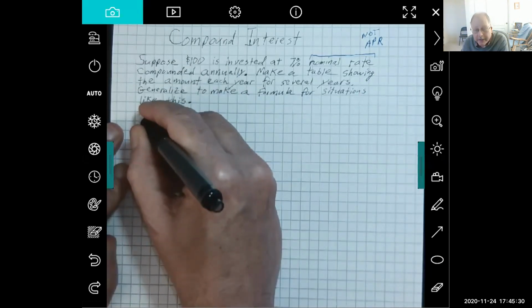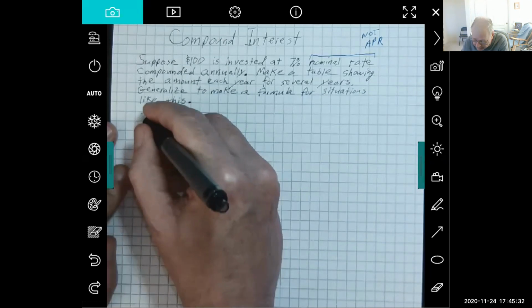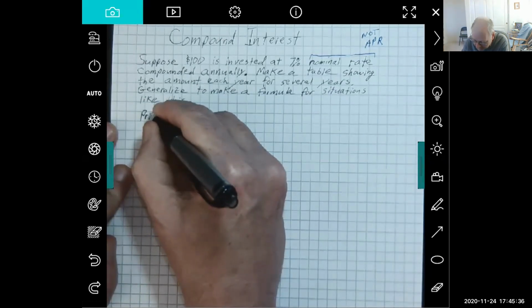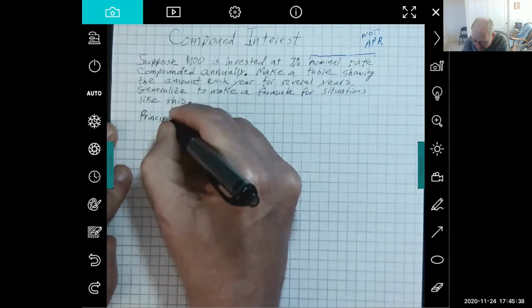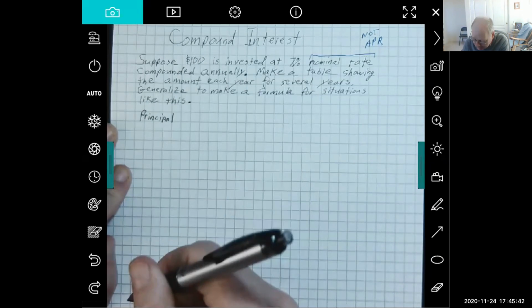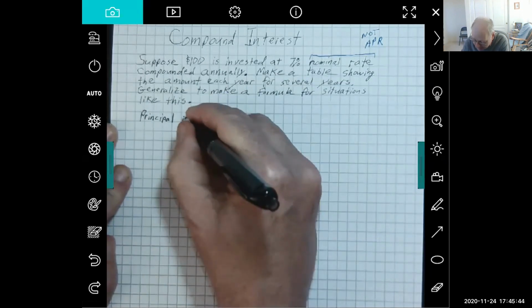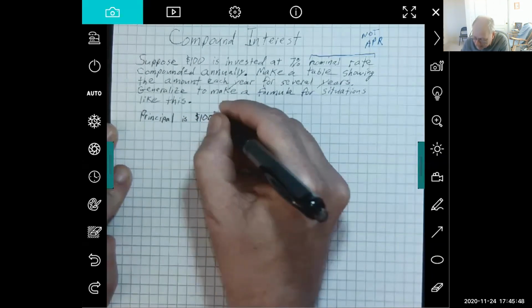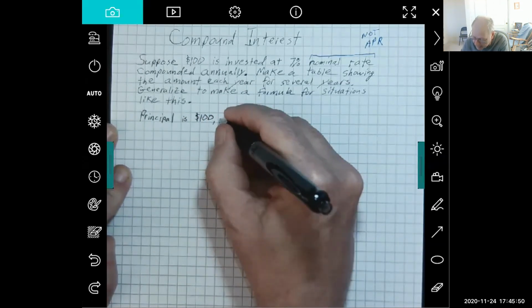So, some vocabulary, the principal. In this story is the $100. And that's the initial amount invested.